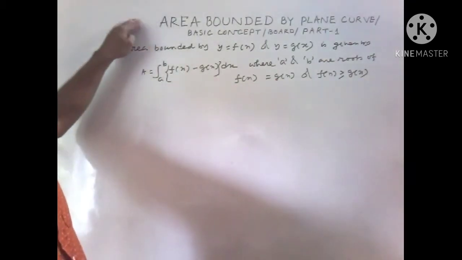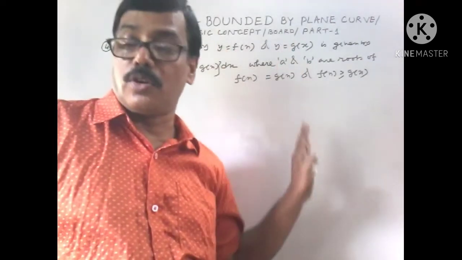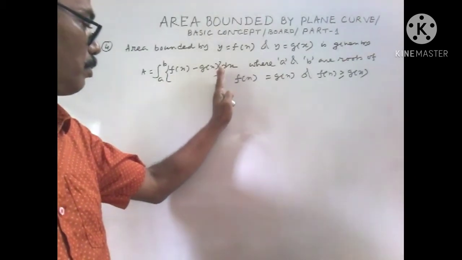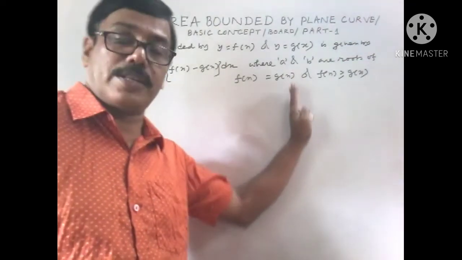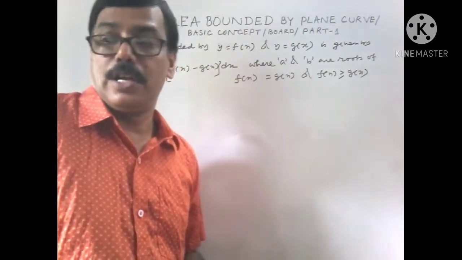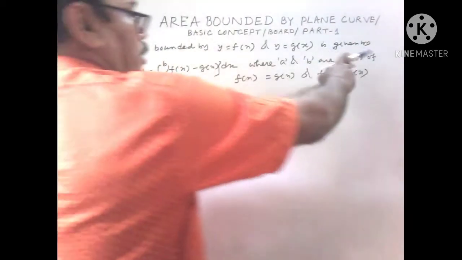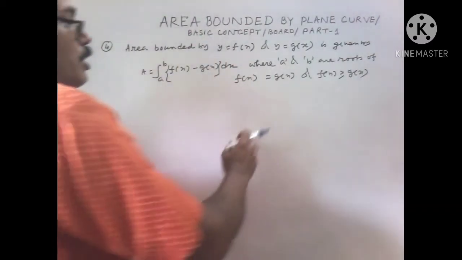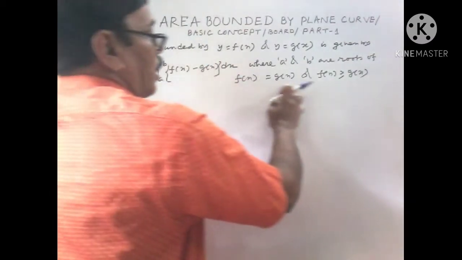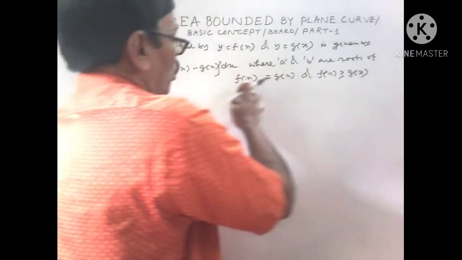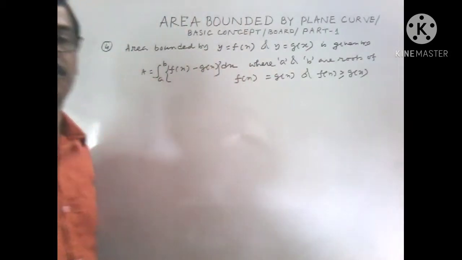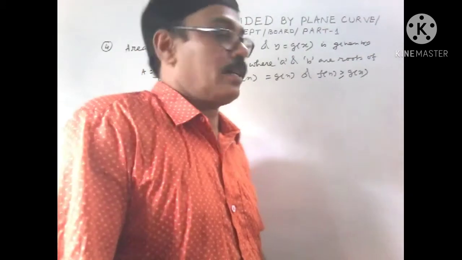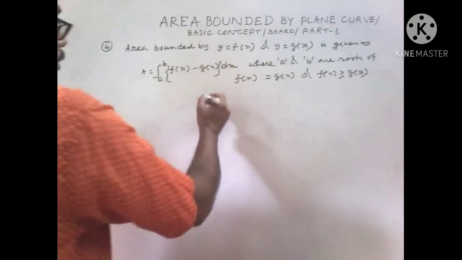For the previous one, f(x) and g(x) were not intersecting, that is why we found the area between x equals a, x equals b and the two curves. Here the two curves are intersecting. So integral from a to b of f(x) dx. So what are a and b? a and b are the x coordinates of the points of intersection of the two curves, and it is also given f(x) is greater than or equal to g(x).